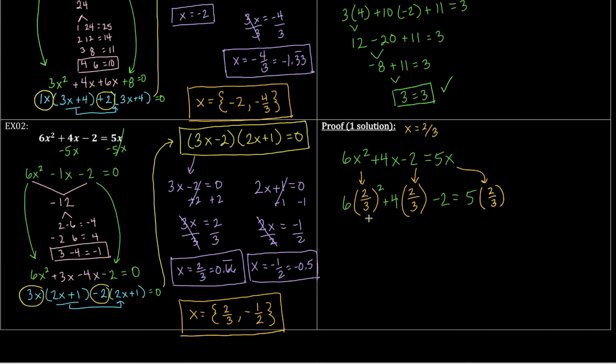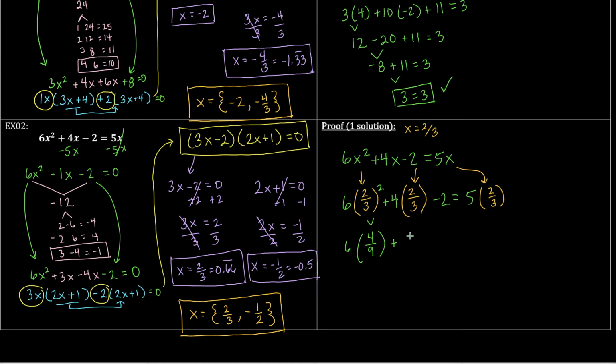So 2/3 to the second power. 2/3 times 2/3. That's 4 over 9. You can obviously put it in decimal form if you want. Just be really careful about it. The preference is going to be for fractions.